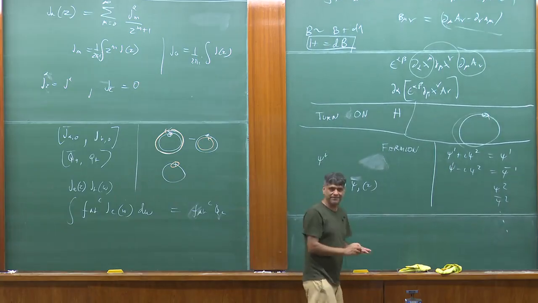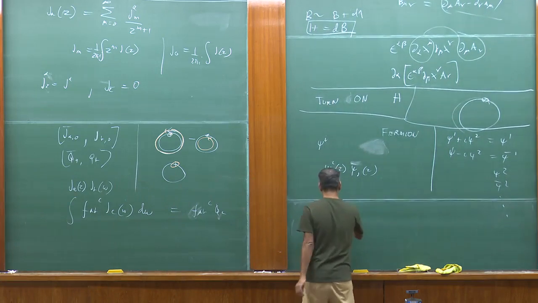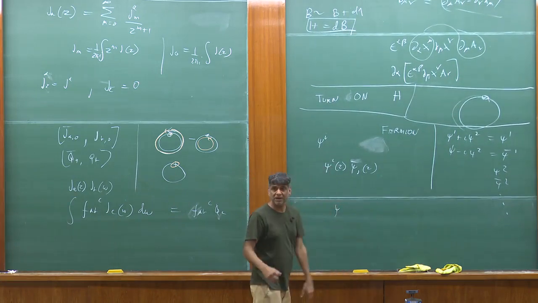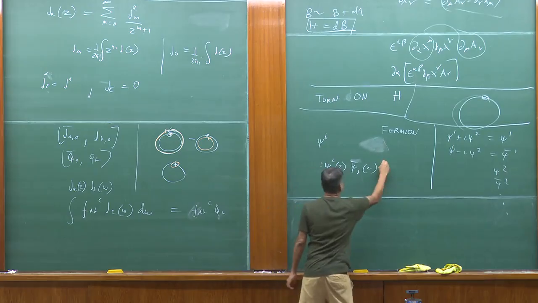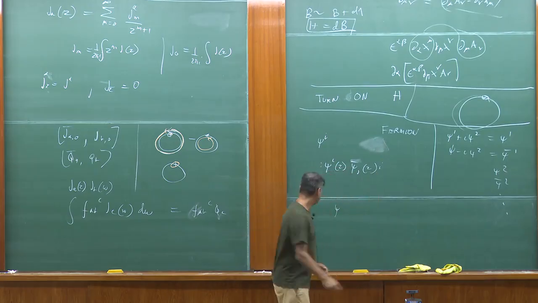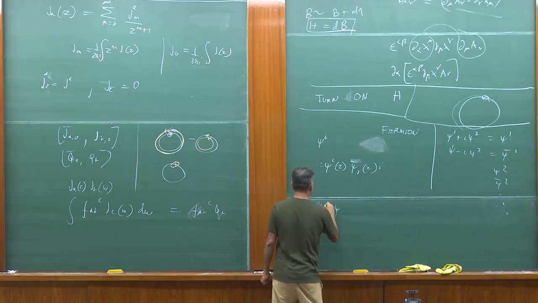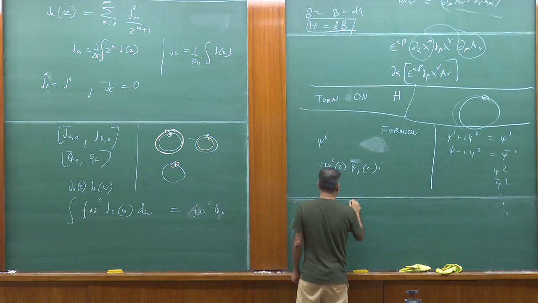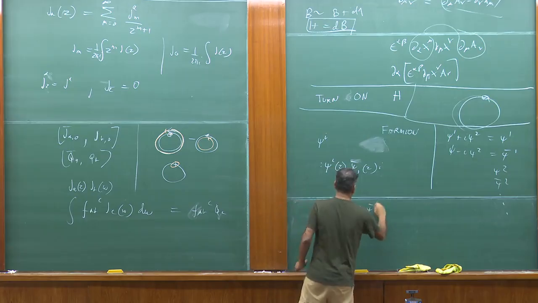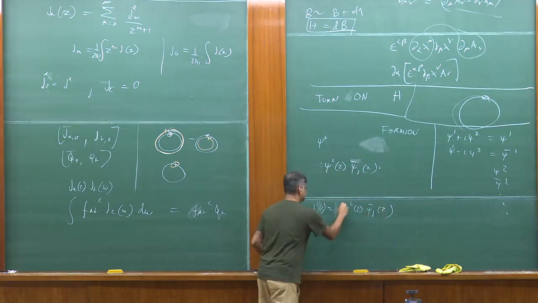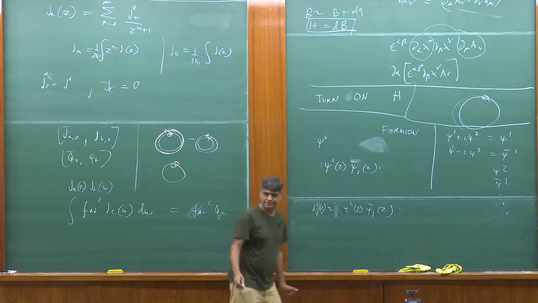So let's do that. I take the normal ordering of this. Suppose I try to construct J_ij of z equal to psi I of z, psi bar j of z, normal ordered.